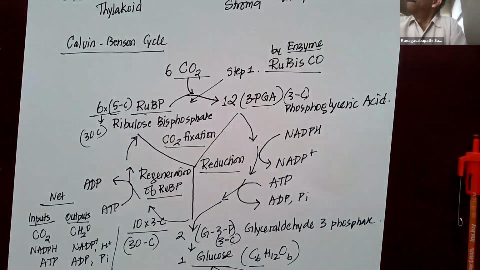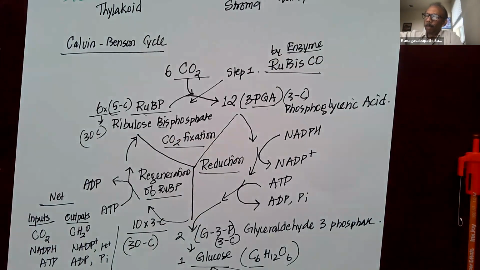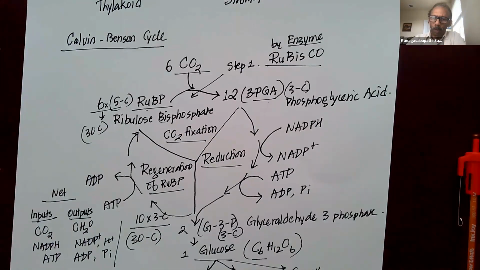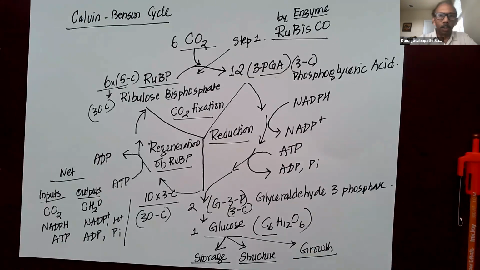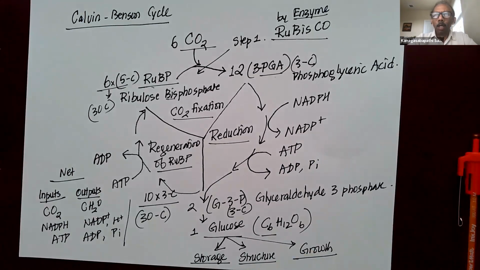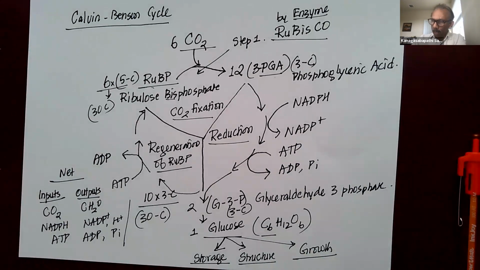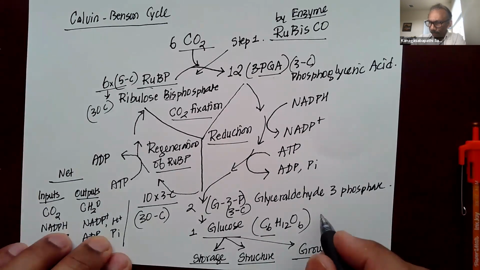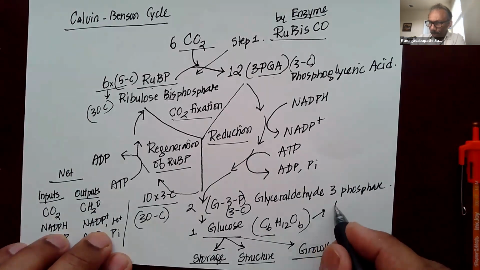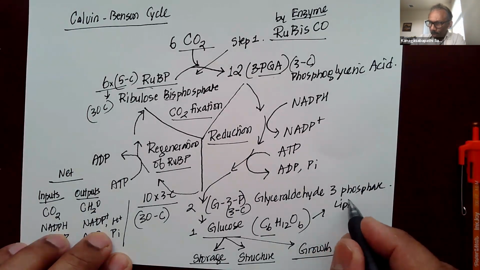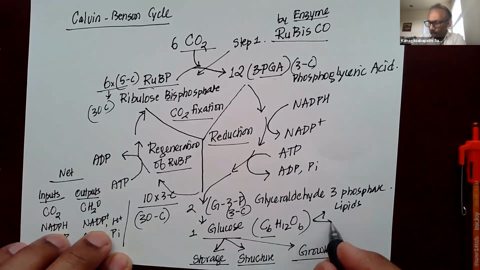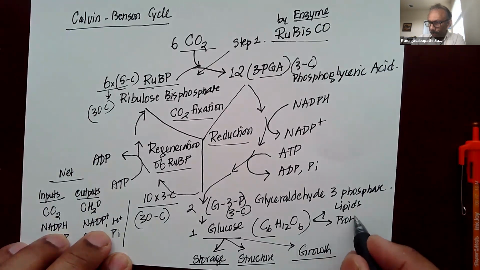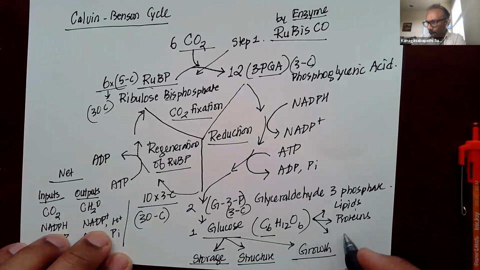Okay, so that's the source of all the carbons, and this also is the one that is going to become lipids, that we will see later on, proteins, and nucleic acids.